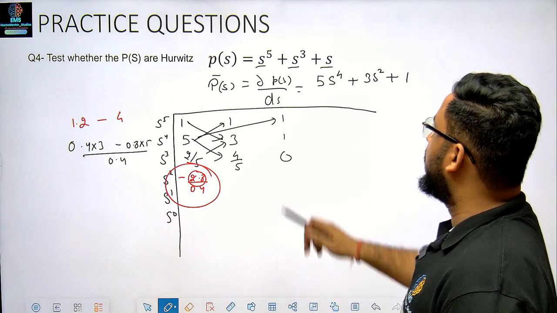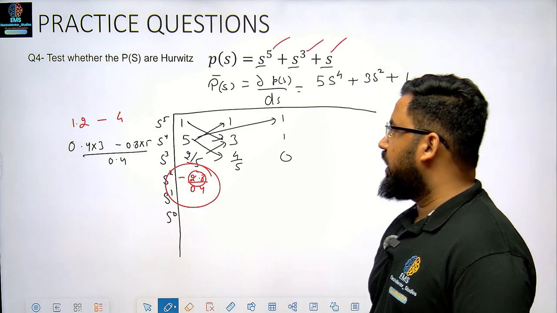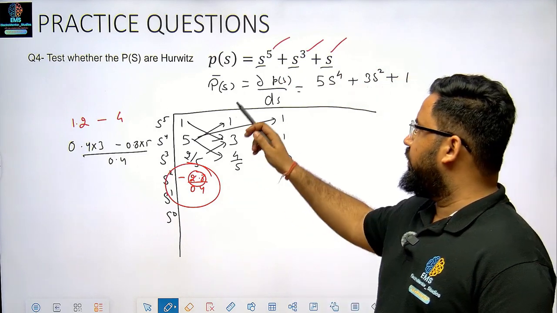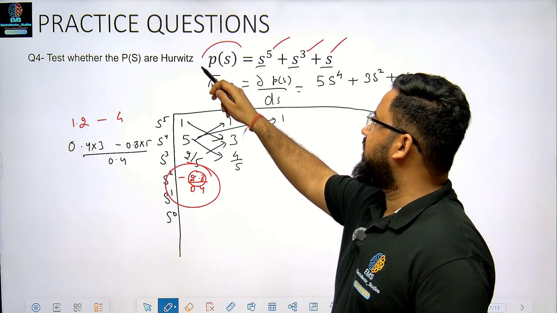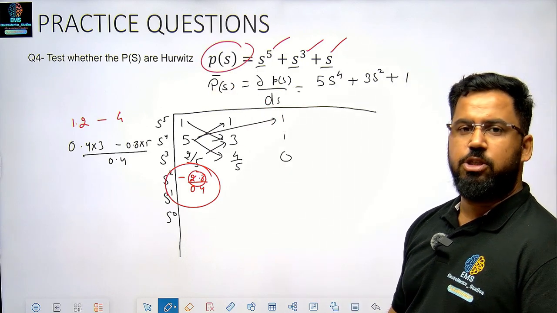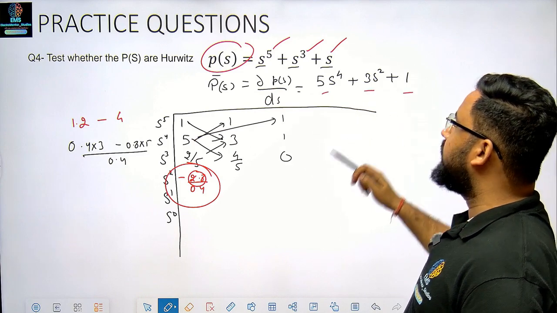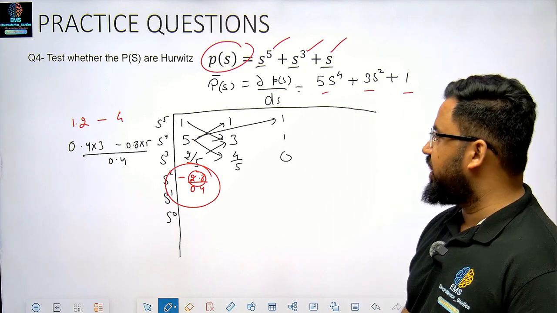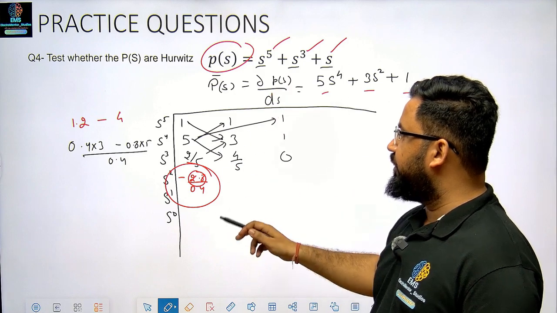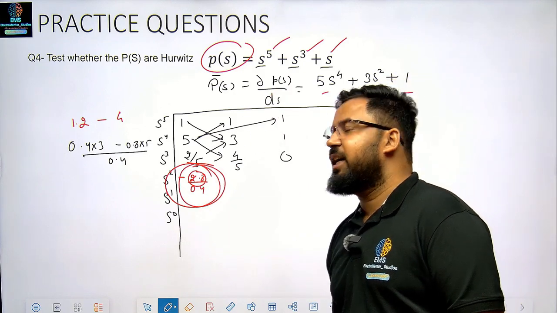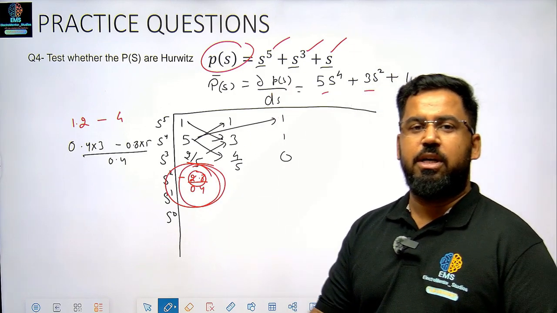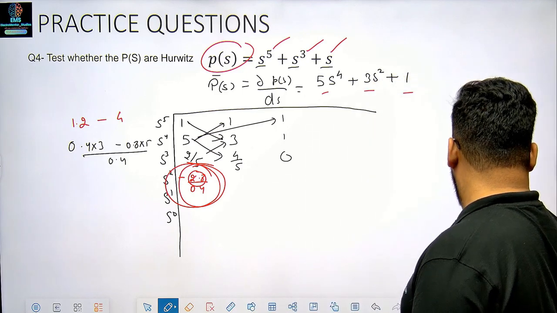Next type of question was, there were all odd terms, and when they were all odd terms, what we did, we differentiated this P(s). When we differentiated this P(s), we got the terms in the form of even coefficients. We got all the coefficients, but unfortunately here again we got a negative term, hence not a Hurwitz polynomial.